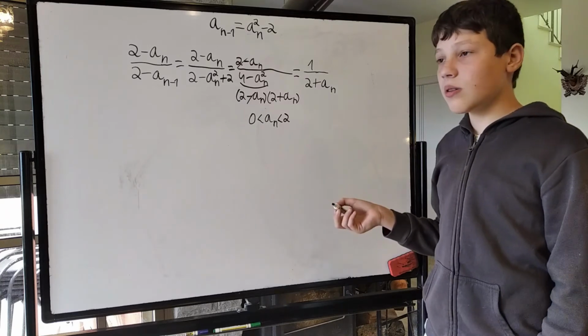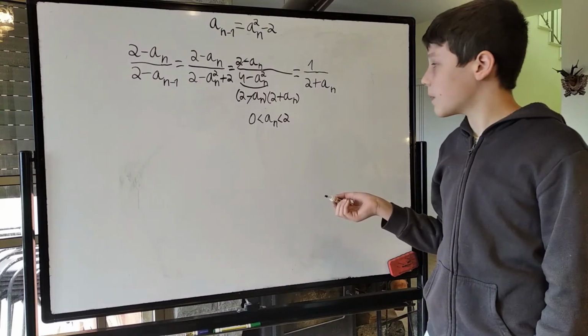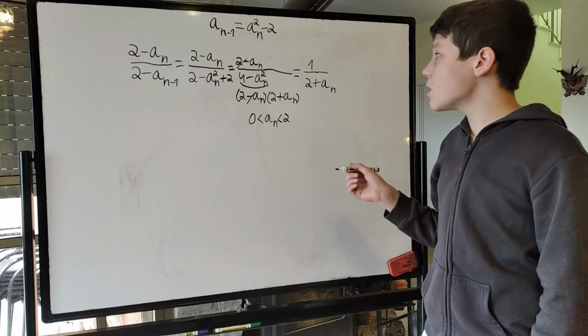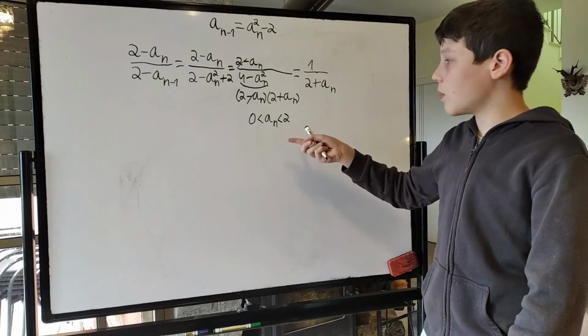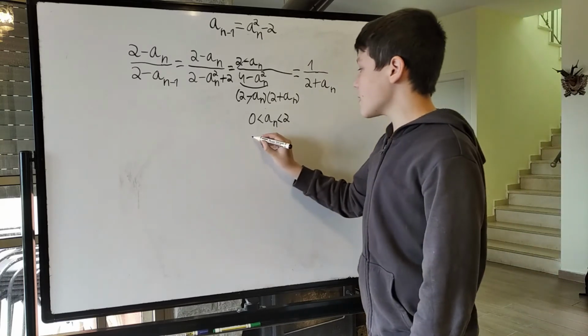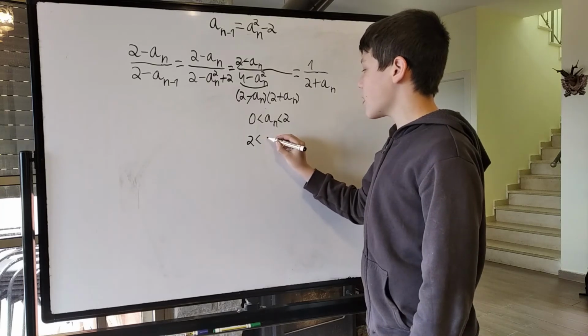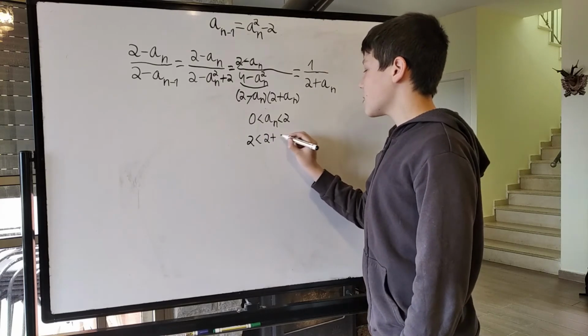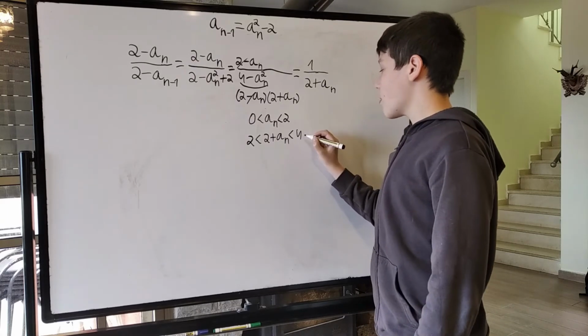So we're just gonna do some simple inequality arithmetic. To get to this fraction, we need to add 2 and take the reciprocal. So if we add 2, we get that 2 is smaller than 2 plus a_n, which is smaller than 4.